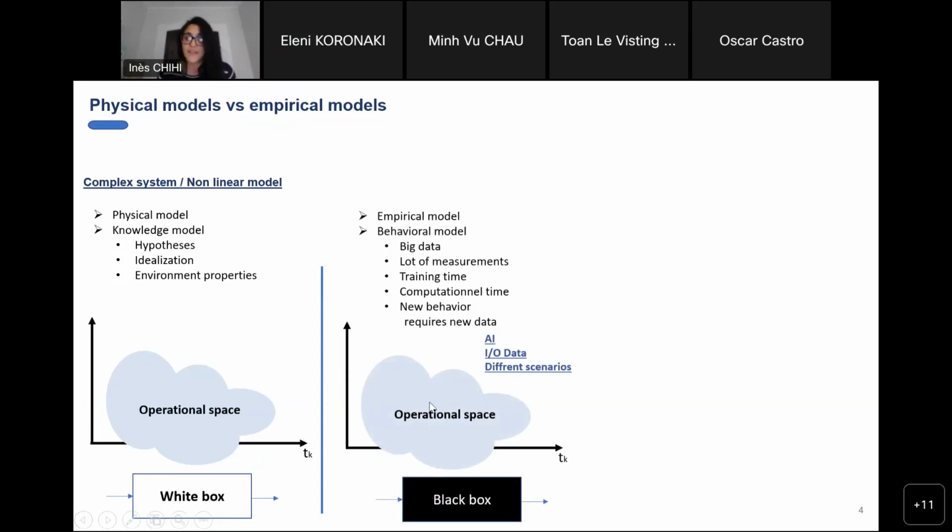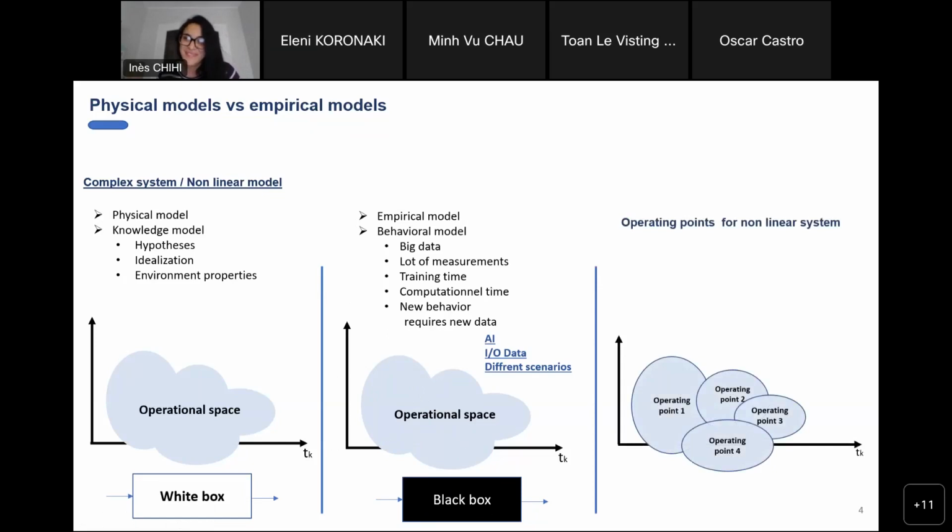Here we can have different input-output measurements, and we can try different intelligent algorithms for machine learning or statistical nonlinear models to estimate the output from the input. But what I want to present today is how we can divide our highly nonlinear operational space into different operating points, and at each point, my system will be linear.